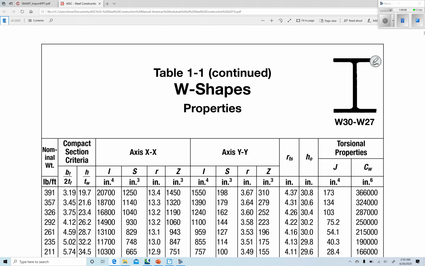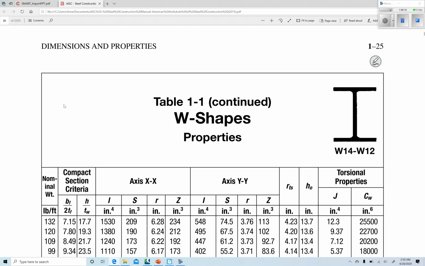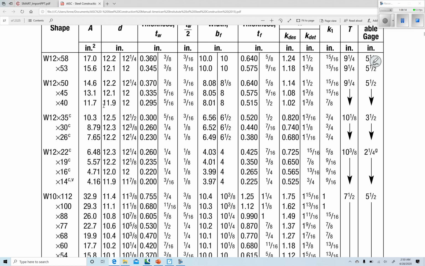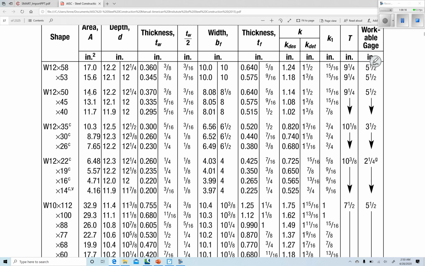Oops, that's not what I wanted. Let's see, W12x50.